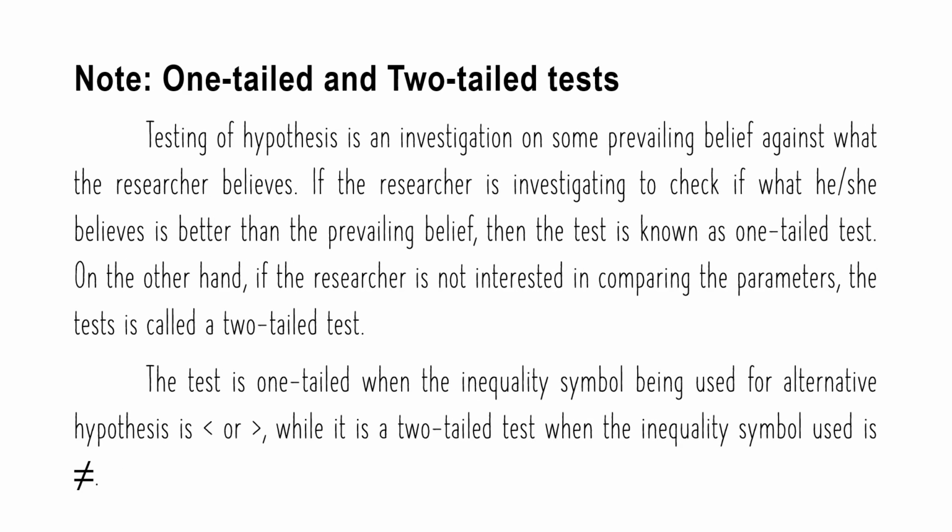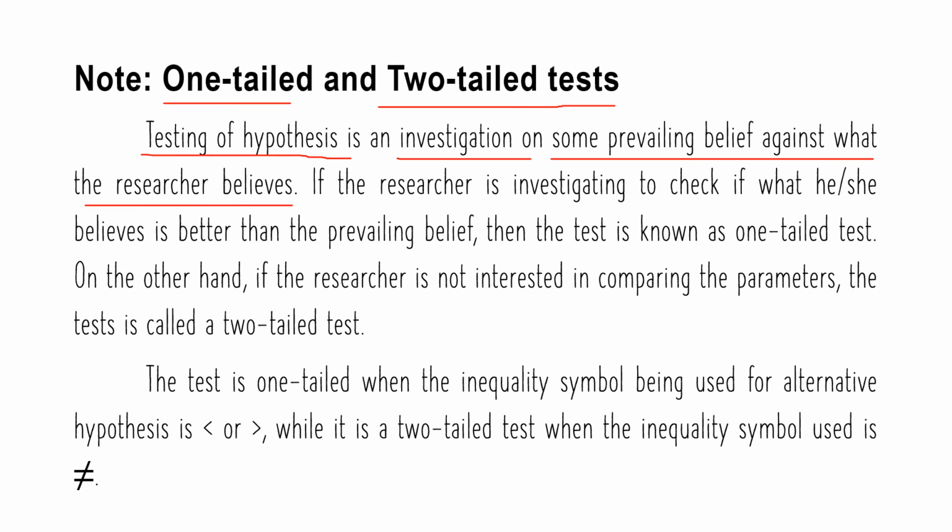So I want you to take note of this. It's about your one-tailed and your two-tailed tests. Testing of hypothesis is an investigation of some prevailing belief against what the researcher believes. So there's a difference between the prevailing belief and the researcher's beliefs.